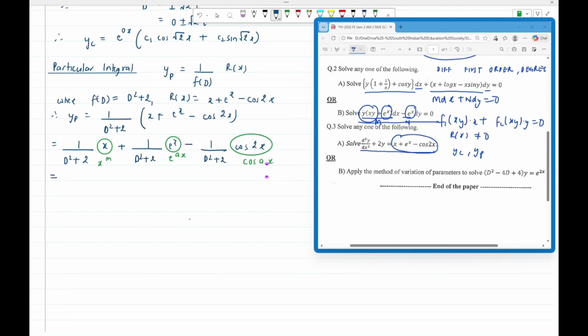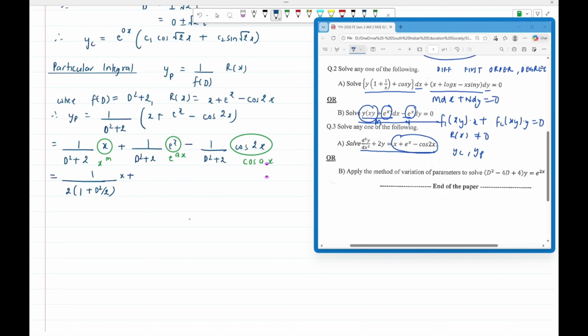For that we are going to factor out the 2. So in the denominator, let us factor out 2 and also rewrite this, changing the order. So this is going to be 1 plus d square over 2, and here we have x. For the exponent, we are going to simply replace the value of d by a.